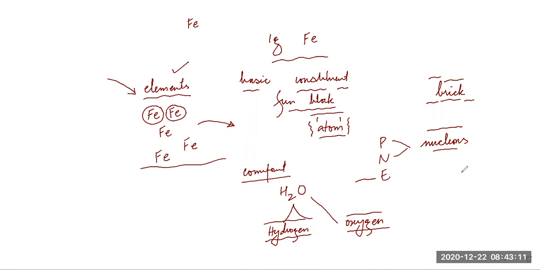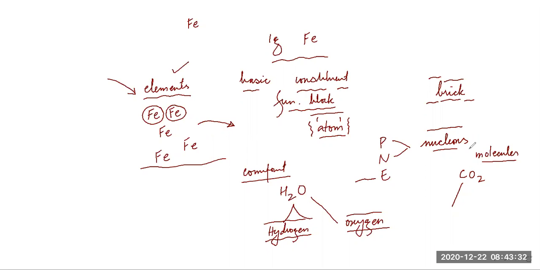If you talk about carbon dioxide, carbon is there in every molecule of carbon dioxide. Now students, in the case of compounds, the basic constituent or fundamental block is not the atom.